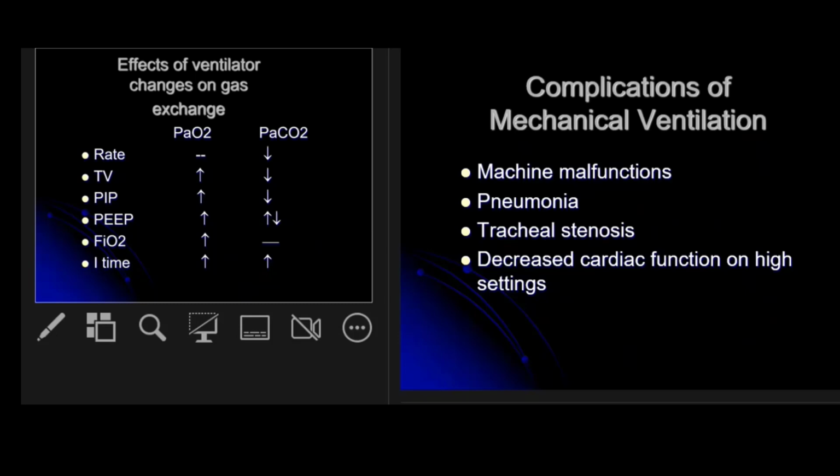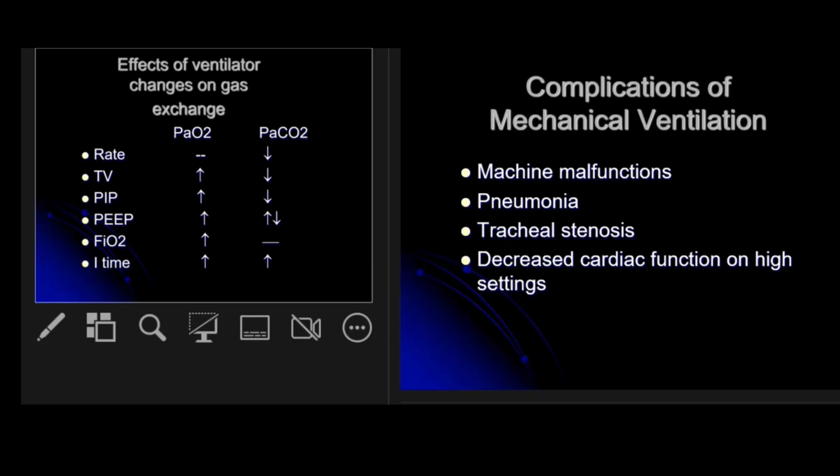Okay. How do you increase your PIP? Usually that's based off of the patient's lung compliance. It depends on the ventilator, and it depends on whether you're using a pressure-driven mode of ventilation or a volume-driven mode of ventilation. Pressure-driven modes of ventilation are like pressure control. So if you increase your pressure control, you're either going to be increasing your delta P, or you're going to be increasing your PIP, depending on which ventilator you're using.